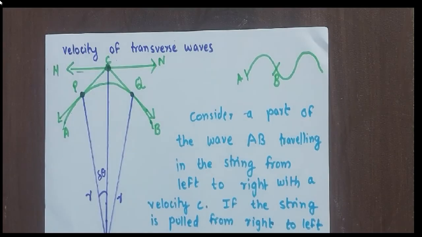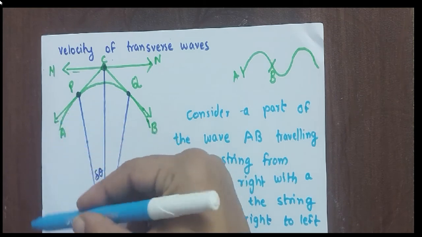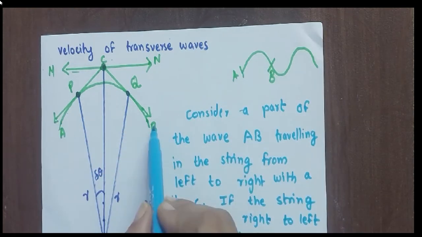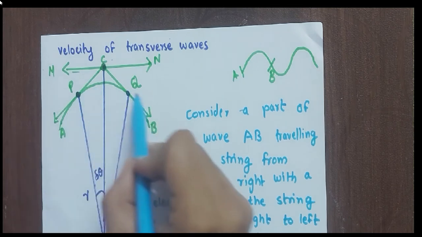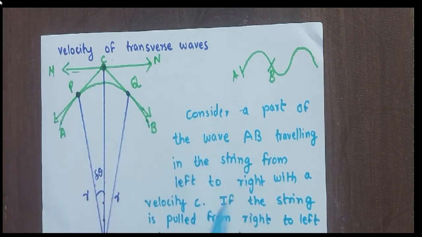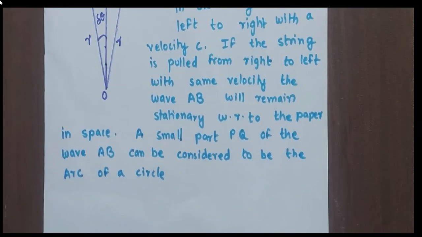If you join this, it will form an arc. This is the arc of a circle. If you join, you will get a full circle, and this portion is the arc of the circle. AB is the arc of the circle.